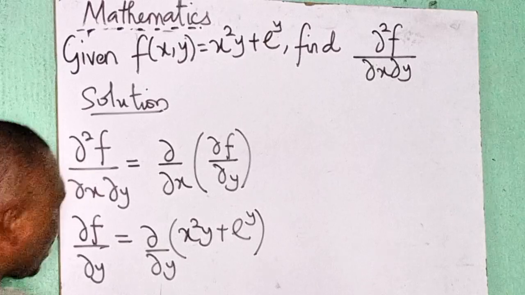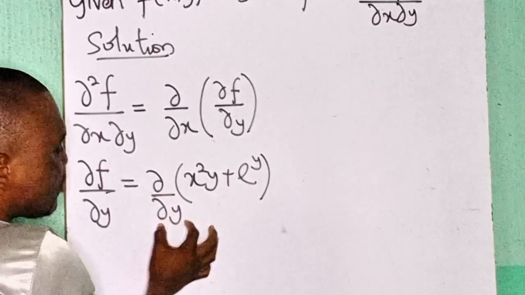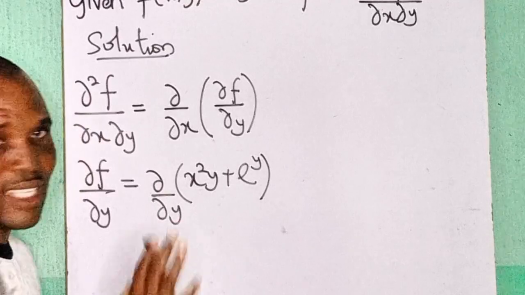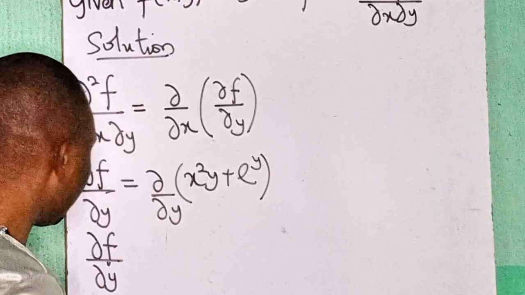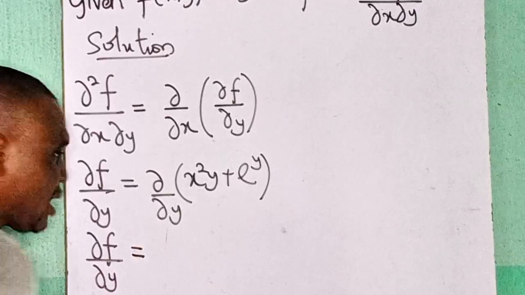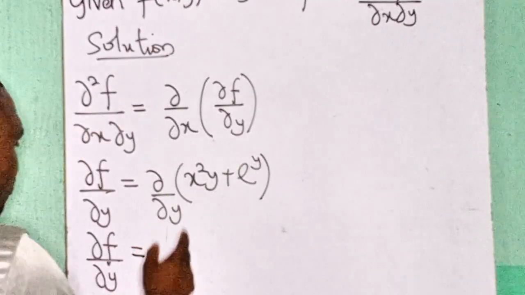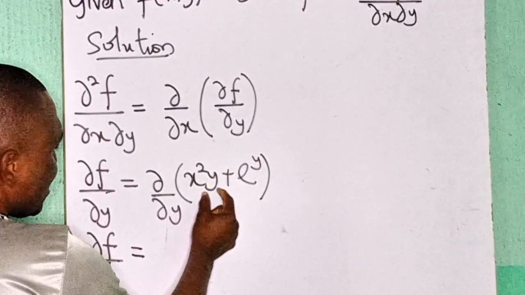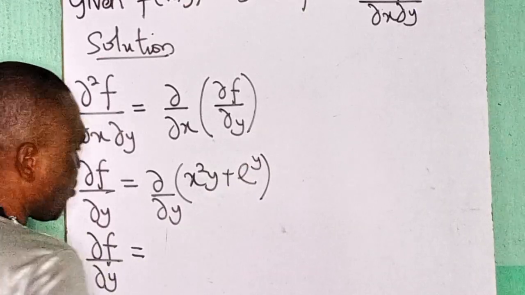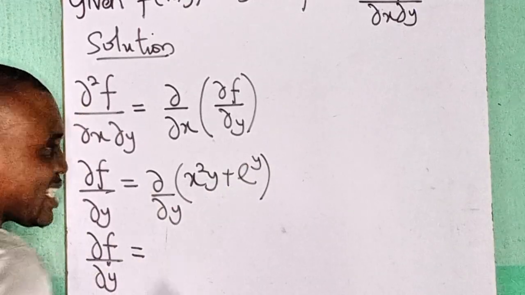Now we are looking for the partial derivative with respect to y. So in this case x is the constant. The partial derivative of f with respect to y is equal to, take note of this, this is x squared y, and this is the exponential raised to the power of y. Remember that x is the constant here.